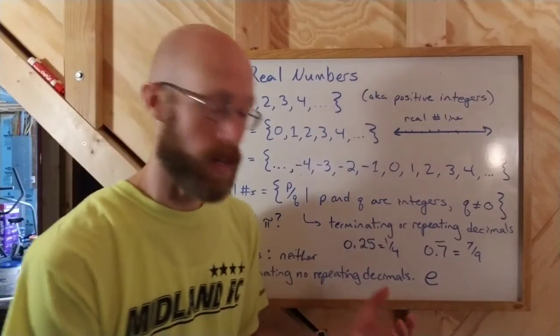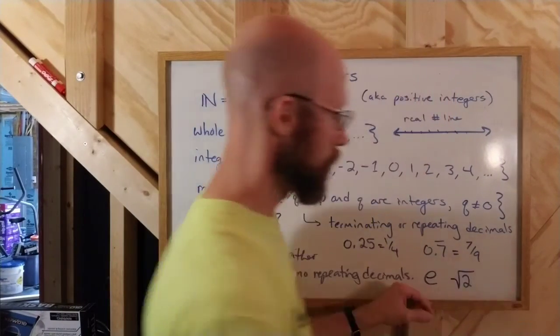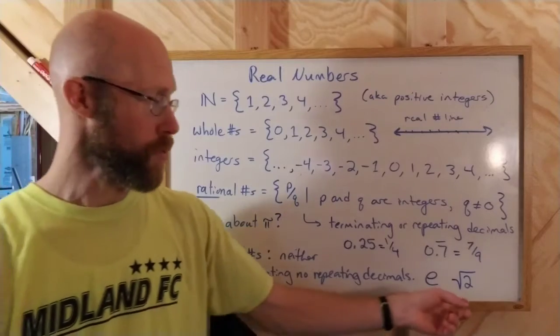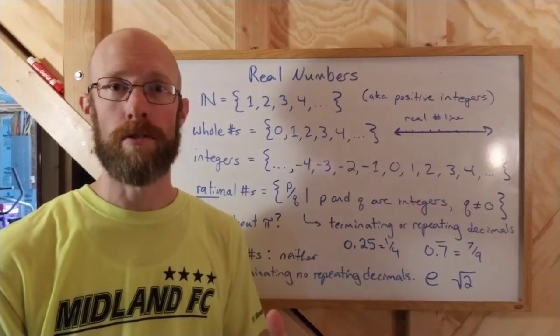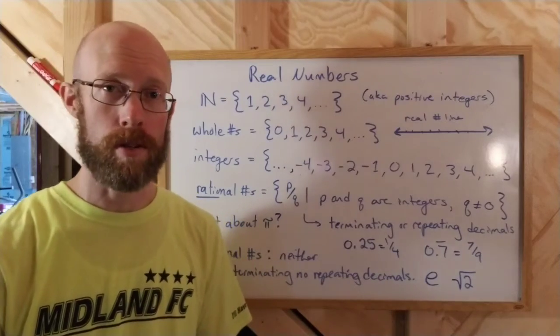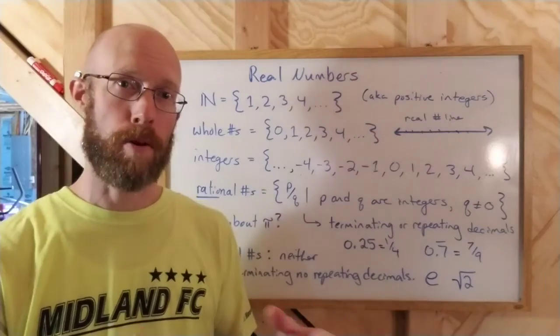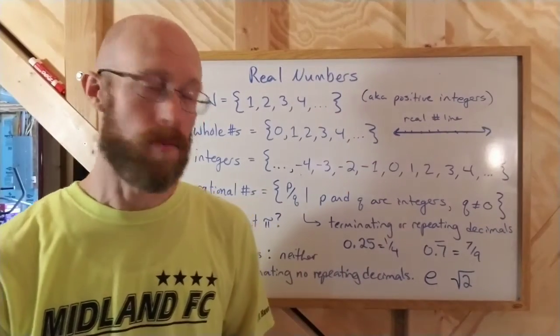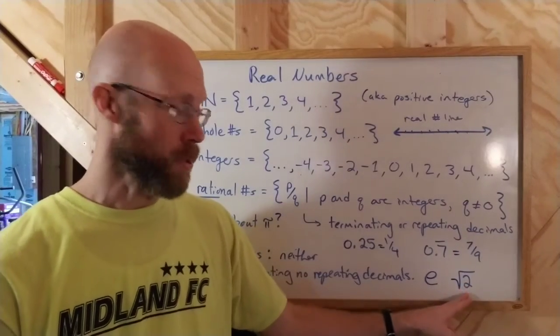And then things like all of your square roots of non-perfect squares, like the square root of 2, square root of 5, square root of 12. Those are all irrational numbers. The cube root of 7. Roots of things that are not perfect squares and cubes are irrational as well. You can construct those geometrically.